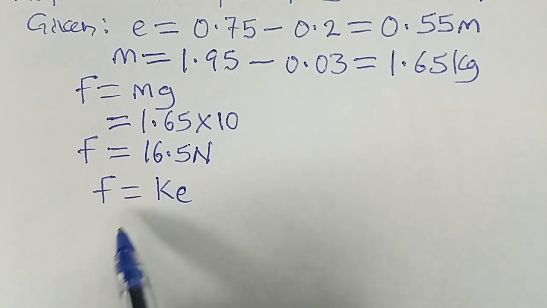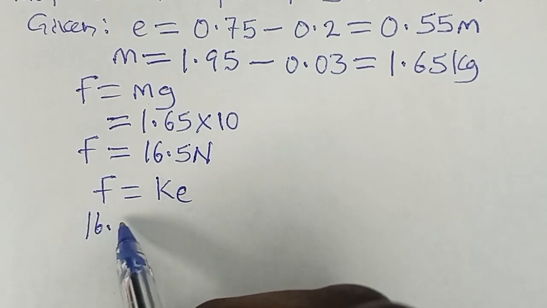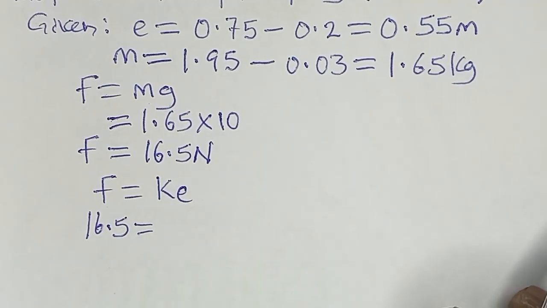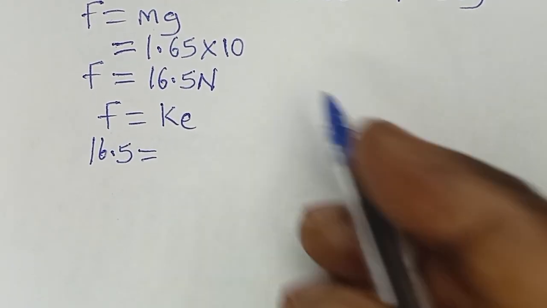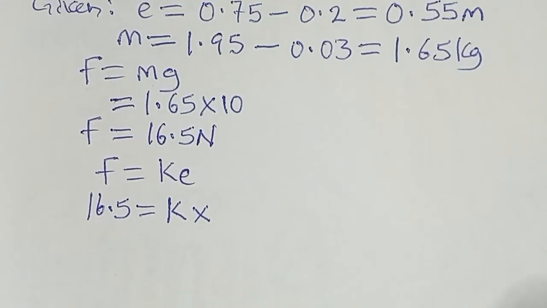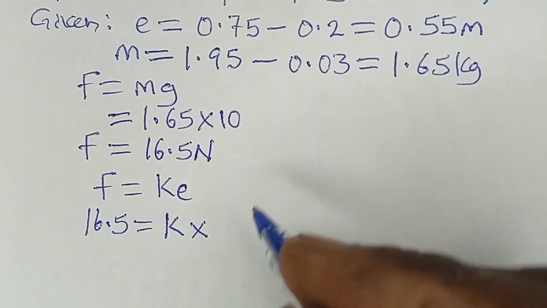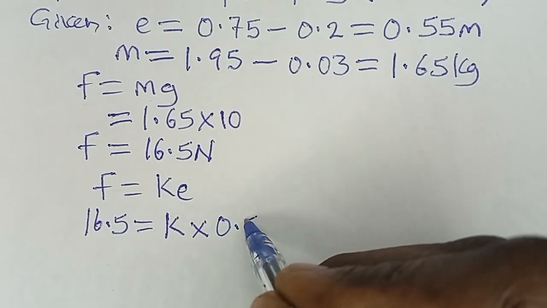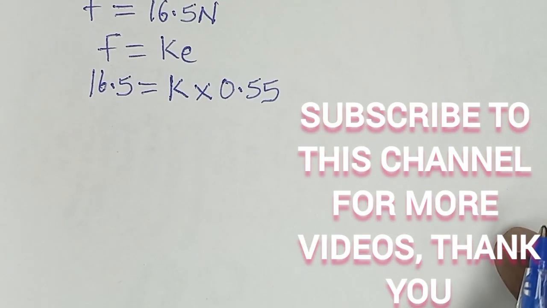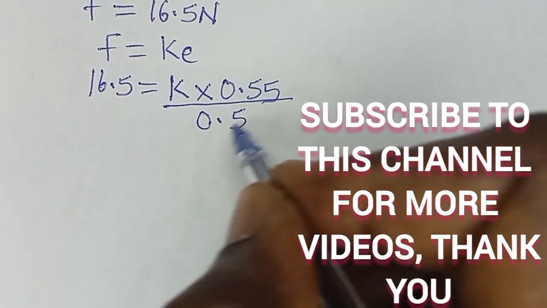So substituting values now, I have F, which is 16.5 Newton, is equal to K, which is the force constant that the question asks us to look for, multiplied by the resultant extension, which is 0.55. So the next thing for me to do is to simply divide both sides by 0.55.